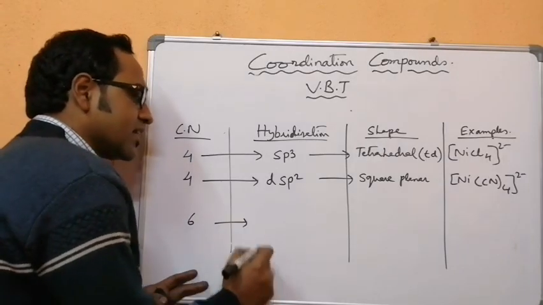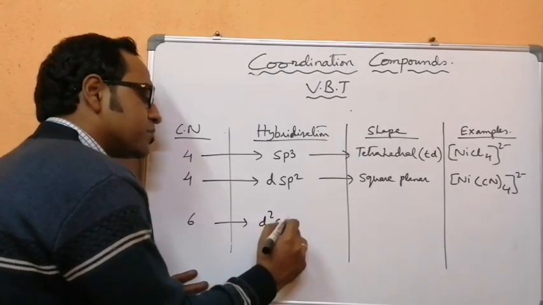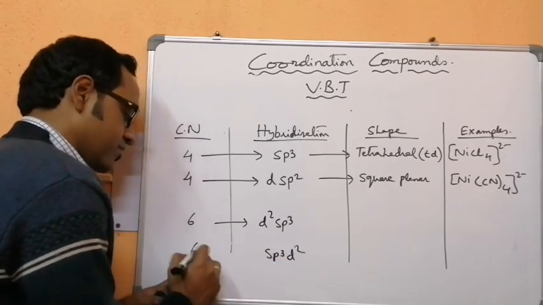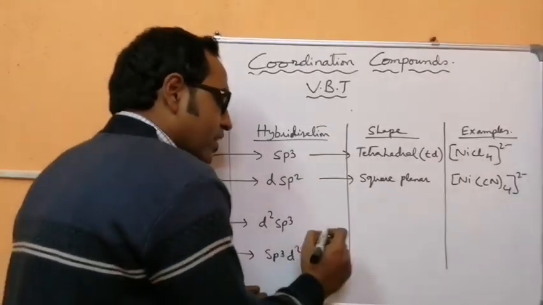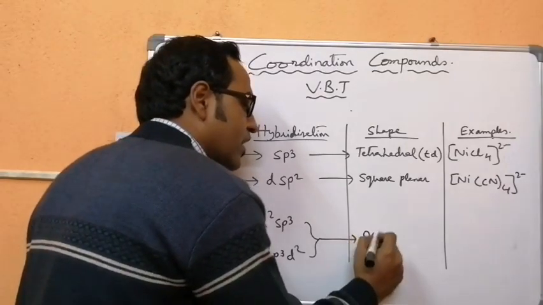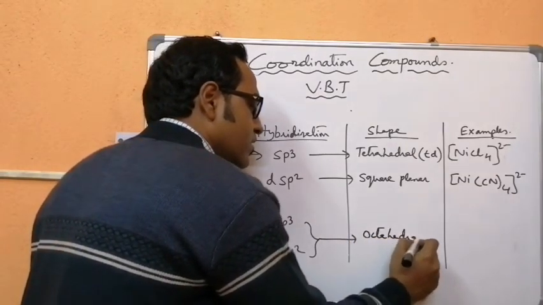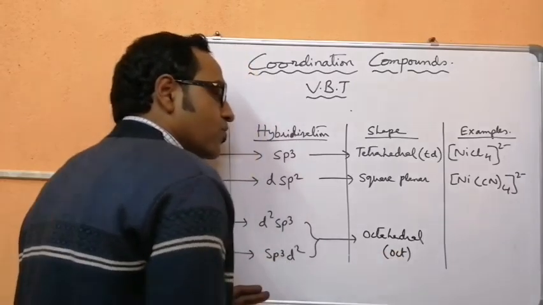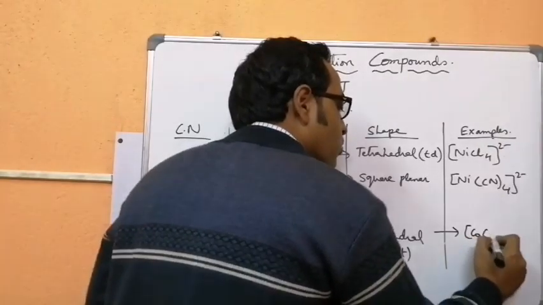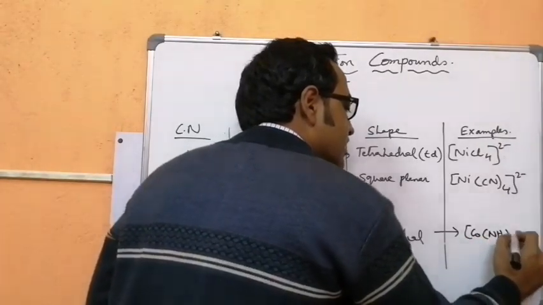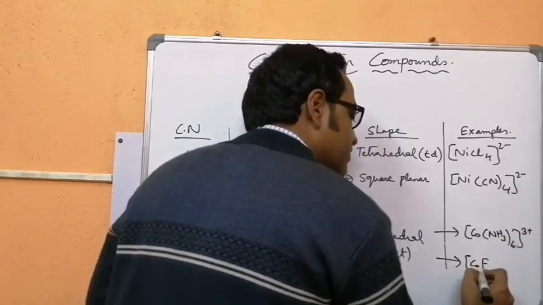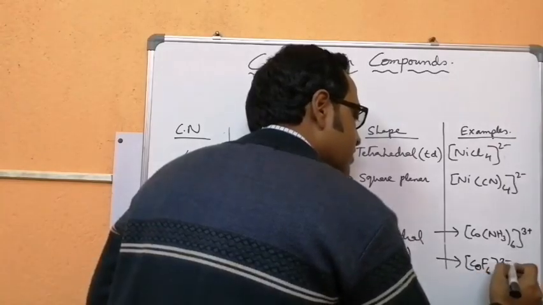When the coordination number is 6, the hybridization can be d2sp3 or sp3d2. The shape of the molecule is octahedral, that is OCT. For example, the first type is the [Co(NH3)6] 3 plus ion, and the second type is the [CoF6] 3 minus ion.